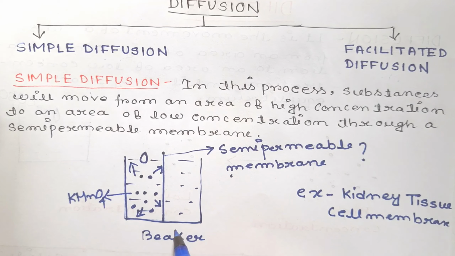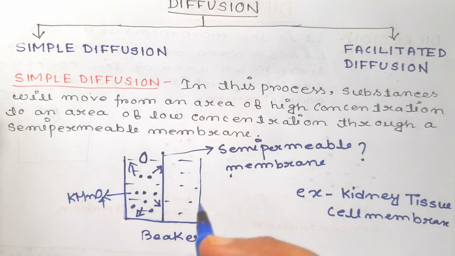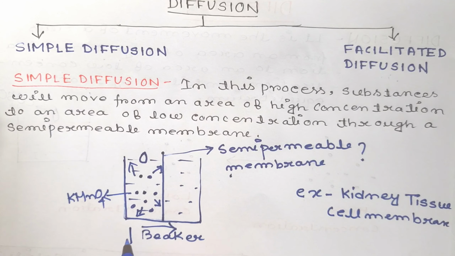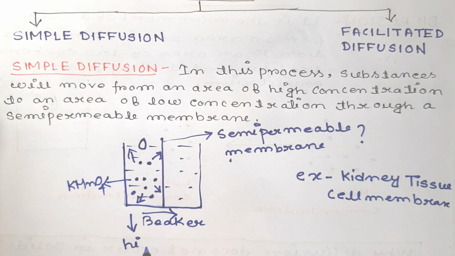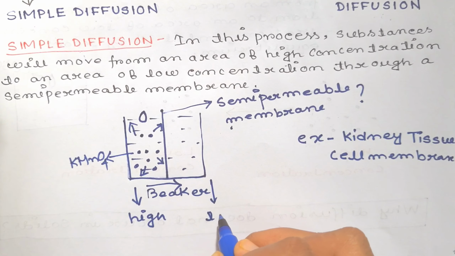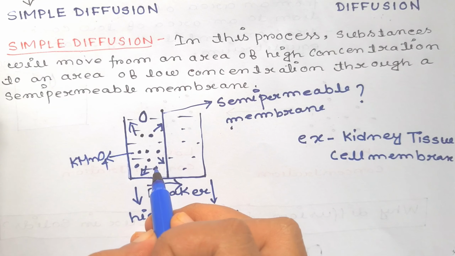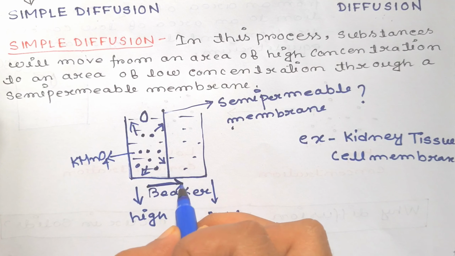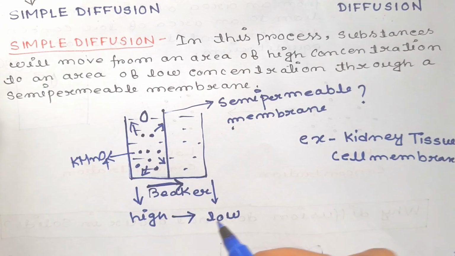They will move from an area of high concentration to an area of low concentration. See, here the concentration is high and here the concentration is low. So the molecules of potassium permanganate will move in this direction, from an area of high to low.